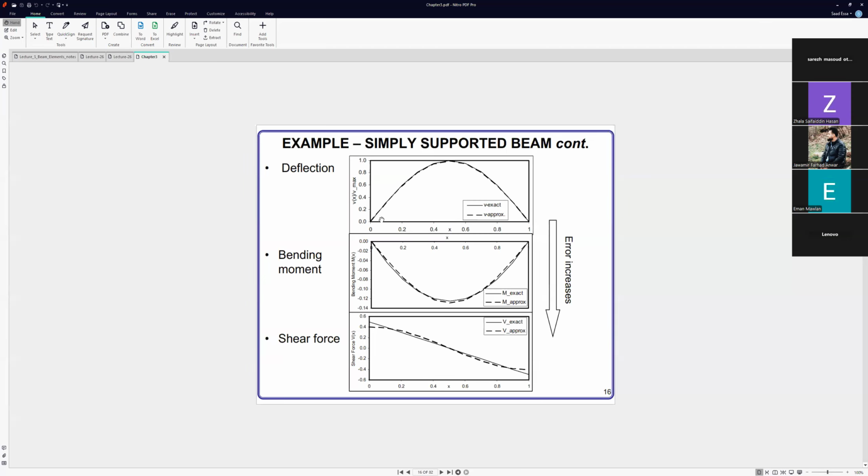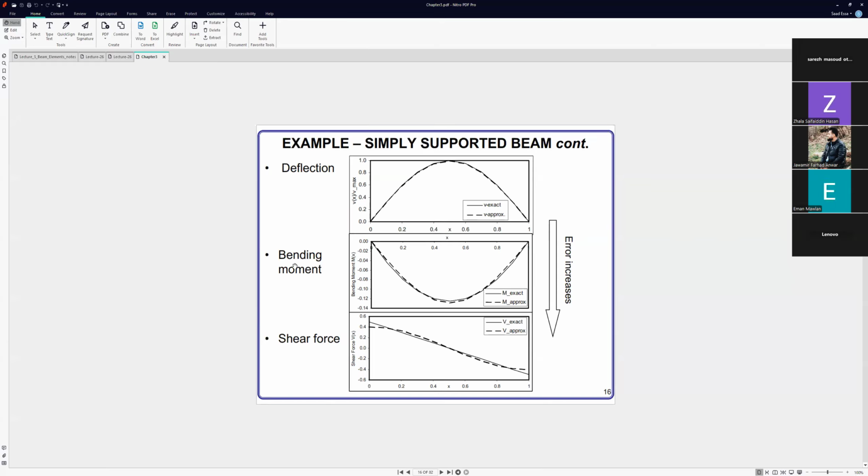You can plot the difference between V of x over V maximum, which is normalized to 1, and here we have x also normalized. The maximum is 1. This is where the error increases.